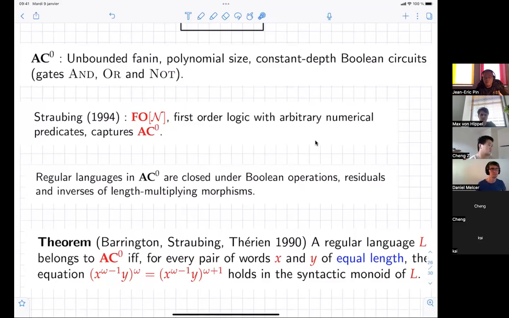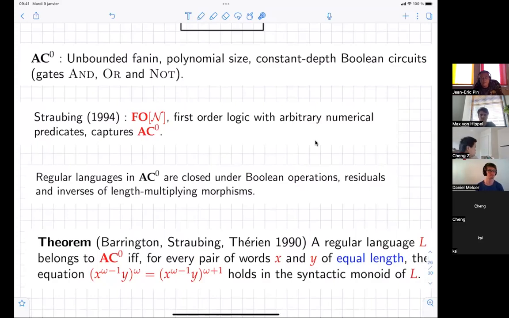Can you separate them? If you want to know everything about this kind of question, look at Howard Straubing's book on circuit complexity. I don't remember the title, but it contains all of this.